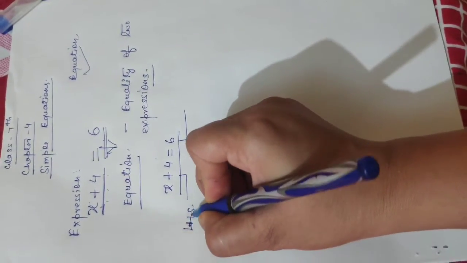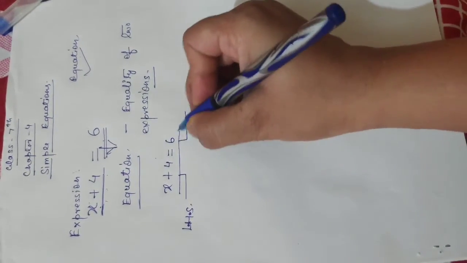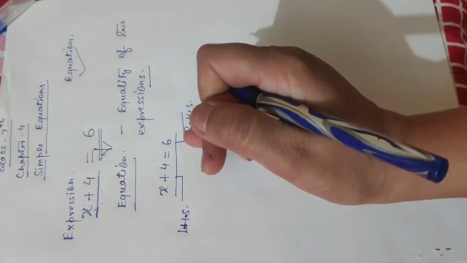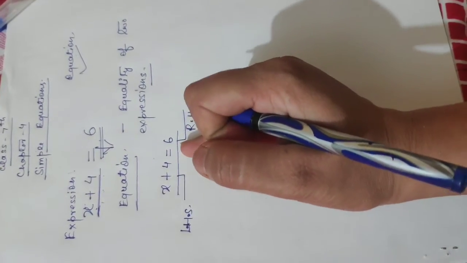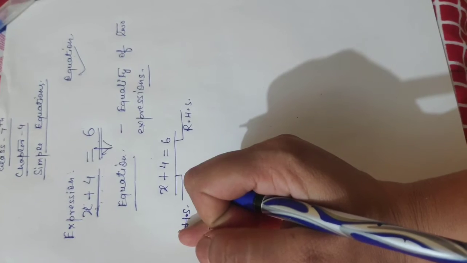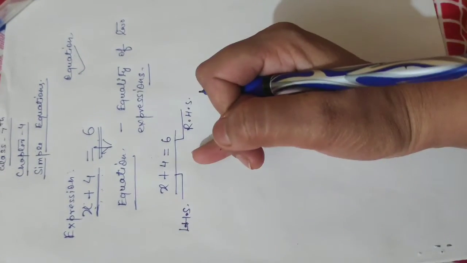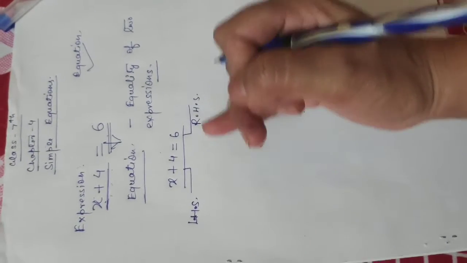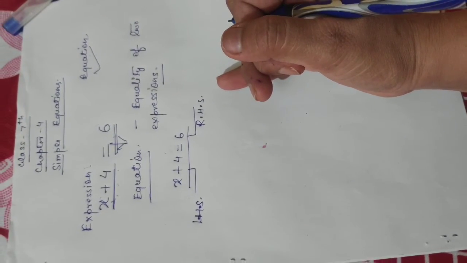We write it as LHS, and this 6 is known as RHS. That means the side of left hand is known as left hand side of the equation, and the side which is on the right hand of the equation is known as right hand side of the equation.